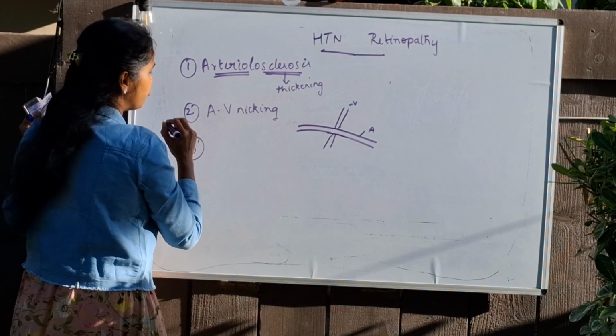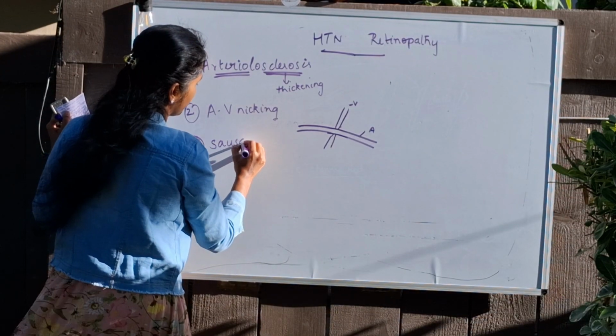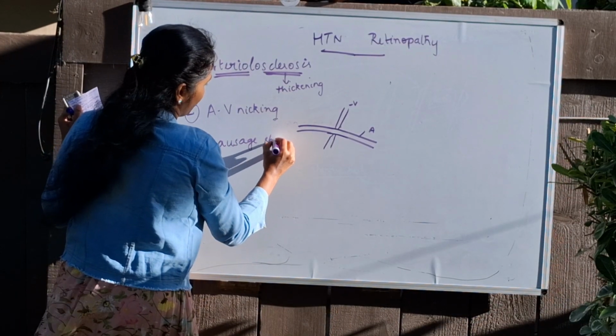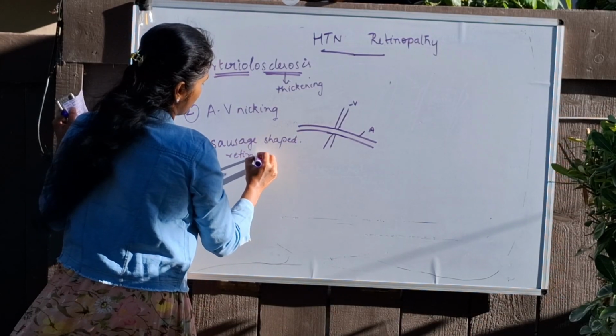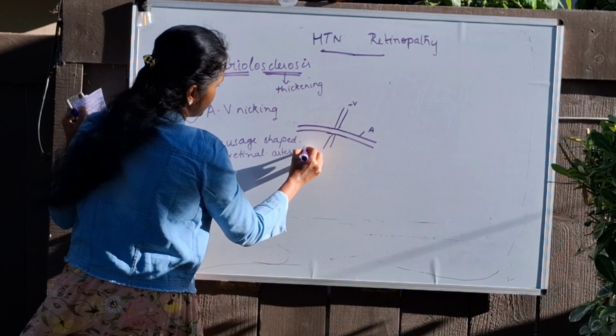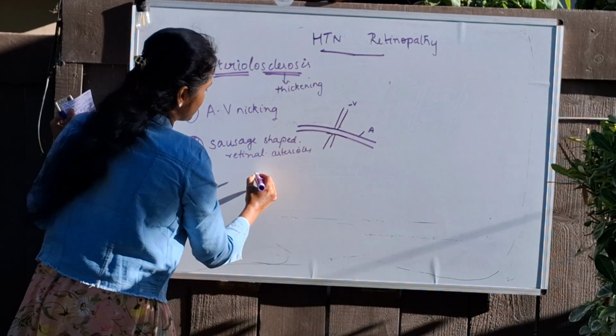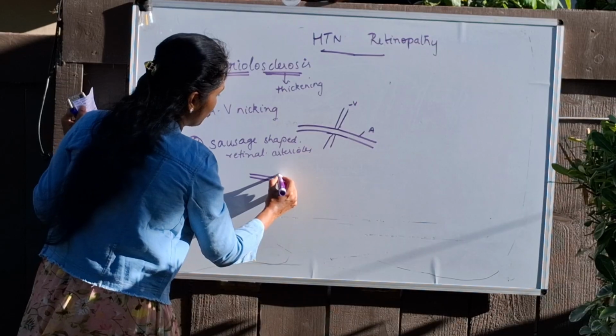What about the third finding? The third finding is sausage shaped retinal arterioles. Why should the retinal arterioles be sausage shaped? Because of hypertension there is thickening and relatively there will be dilatation.